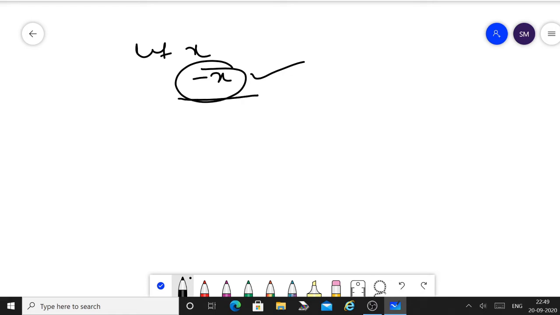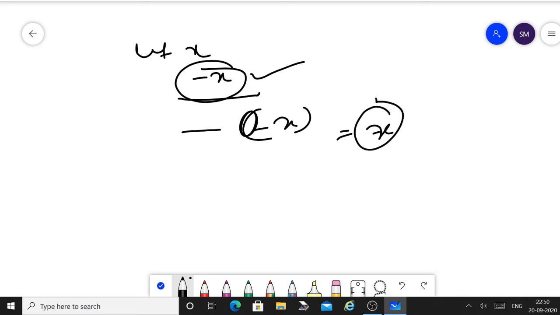If minus x is a rational number, then the negative of a rational number is also a rational number. Minus of minus x means x. Here we get x is a rational number, but what we have taken? x is an irrational number. This means the negative of an irrational number is always an irrational number. If x is irrational, minus x must be irrational.